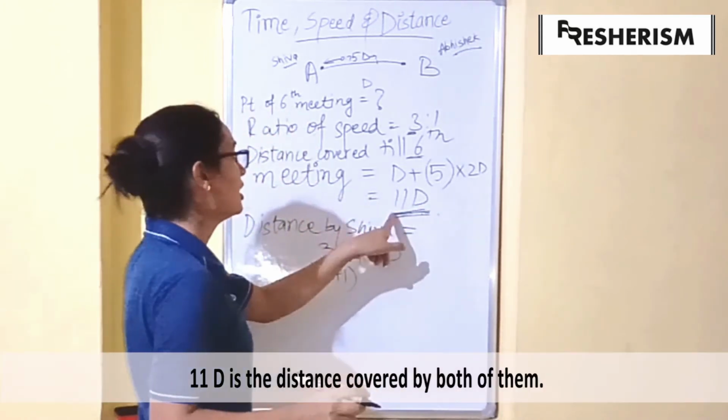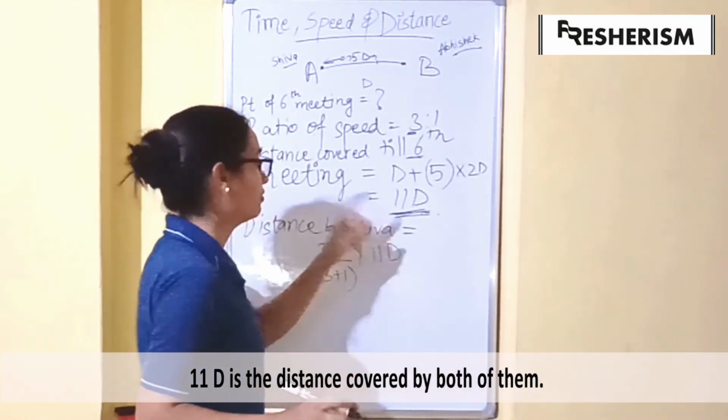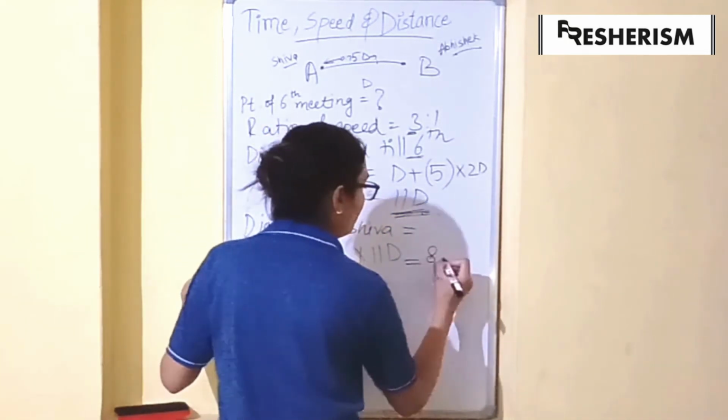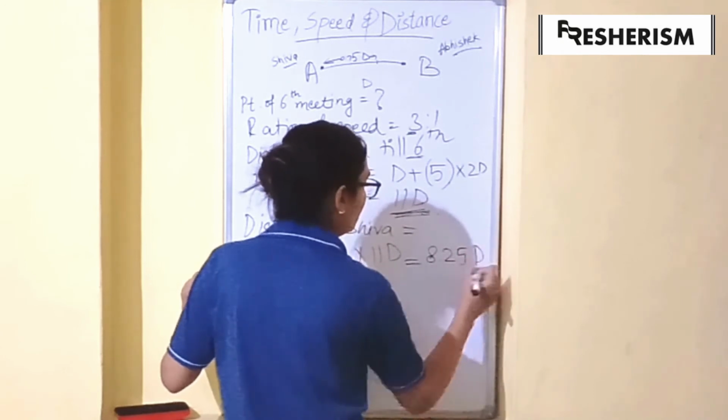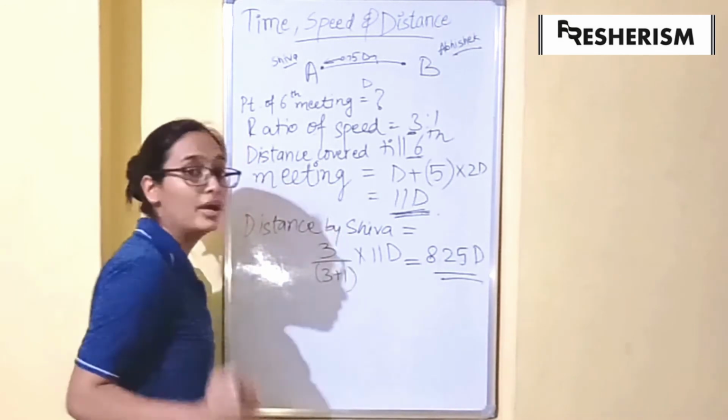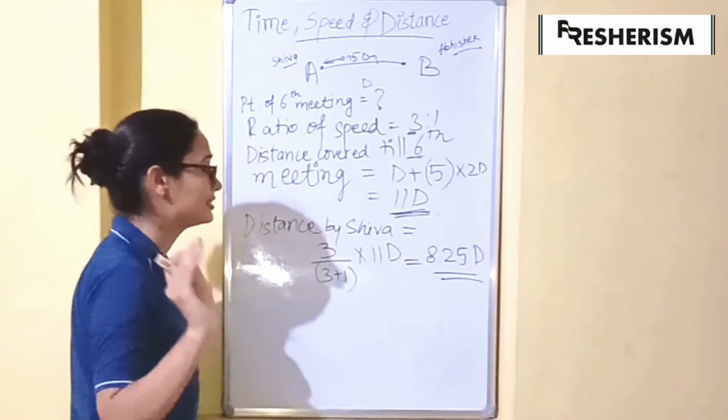This is the distance that Abhishek and Shiva both covered. So this gives us 8.25 D. This is the distance covered by Shiva till he meets Abhishek for the sixth time.